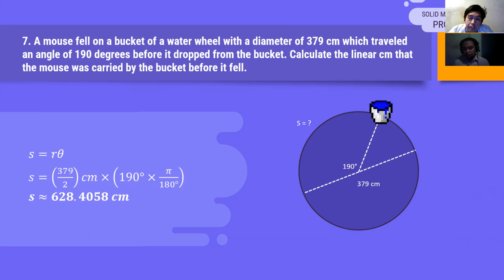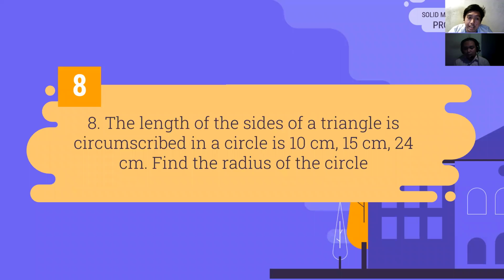We need theta to be in radians. Therefore, S is equal to 628.4058 centimeters.